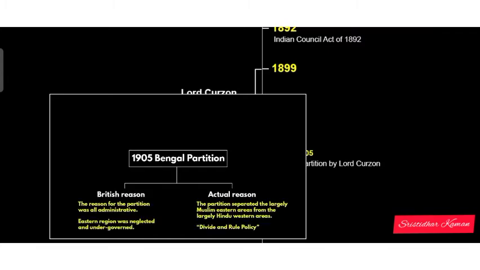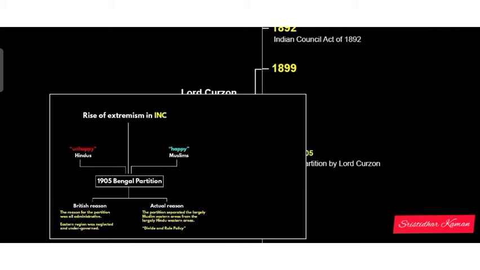Now you have to carefully understand two things. First, the Hindus were unhappy with the partition of Bengal, but the Muslims were in favor of it. And the second thing is, in the very same year, in December 1905, the partition of Bengal became the rise of extremism in the Indian National Congress. In other words, there was a split in the Indian National Congress.